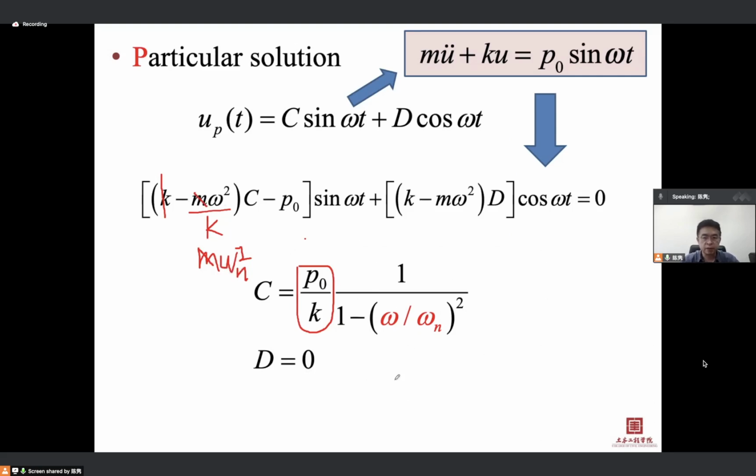So this is C. In many textbooks, they use a new symbol, beta, the frequency ratio, which is the external frequency divided by the natural frequency. We call this the frequency ratio and use the symbol beta to express it. So this is beta, and this is C and D.